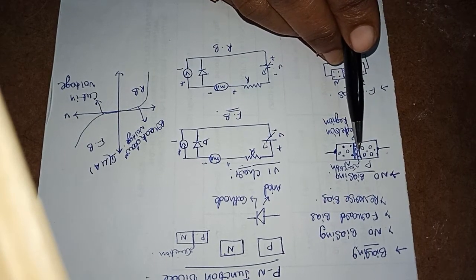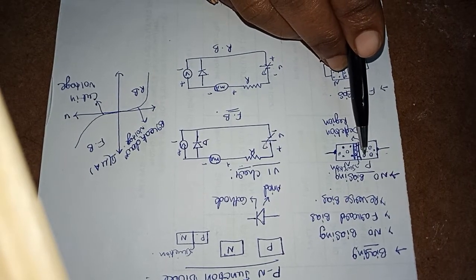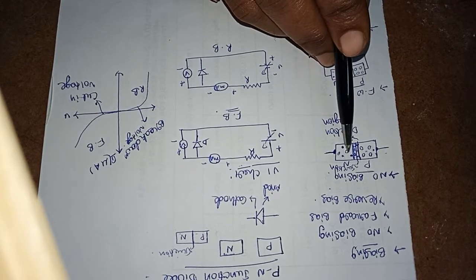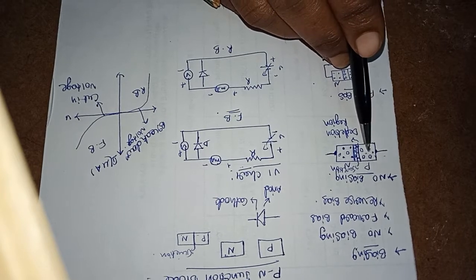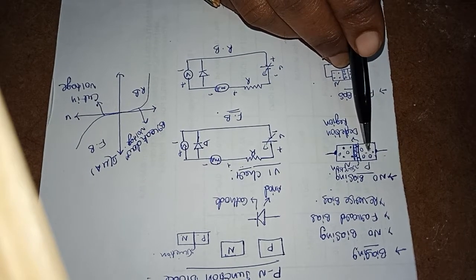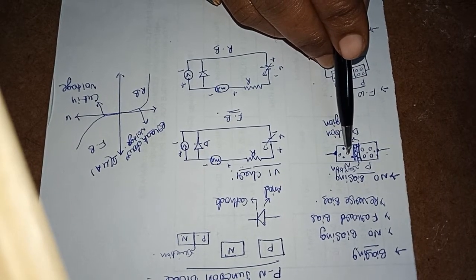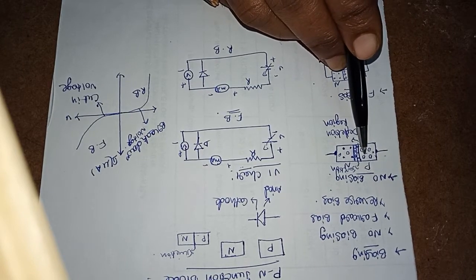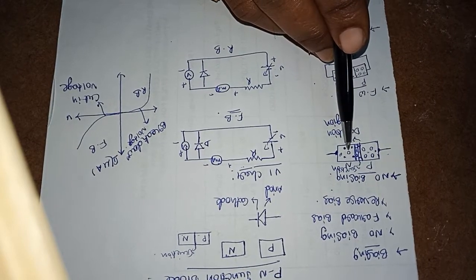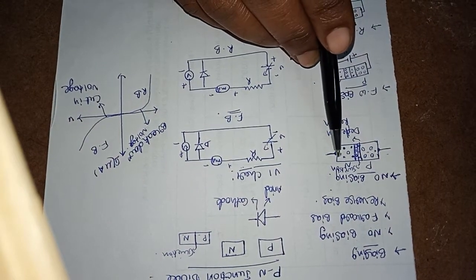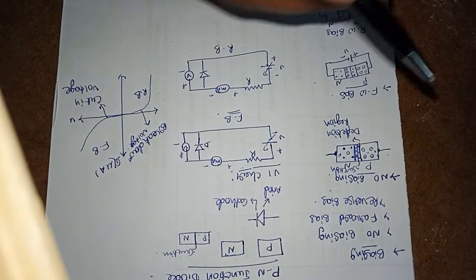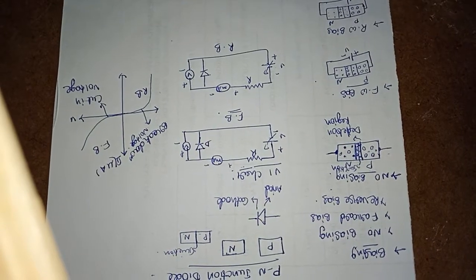there is an attraction between the holes and electrons. Holes act as positively charged ions and electrons act as negatively charged ions, though this side is not actually positive and that side is not actually negative. These act as positive ions and these act as negative ions, so that there is an attraction between the positive and negative.